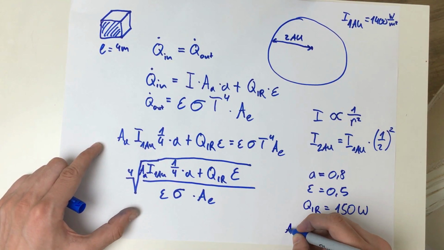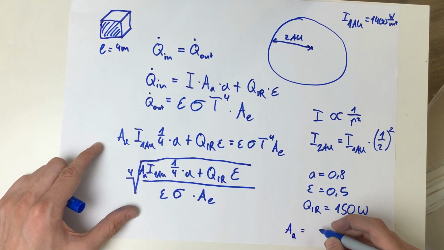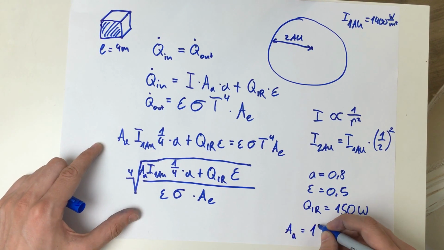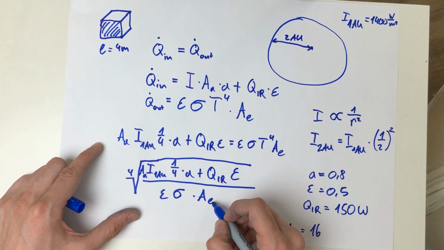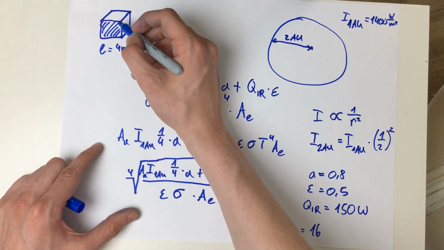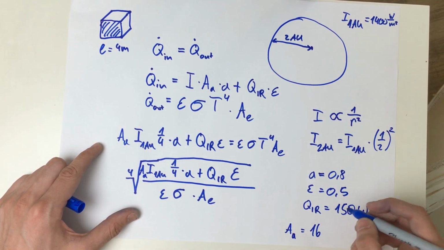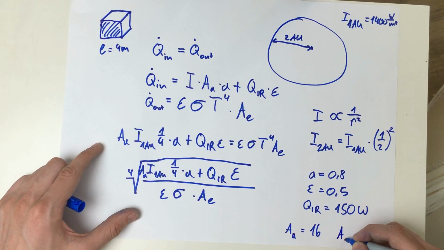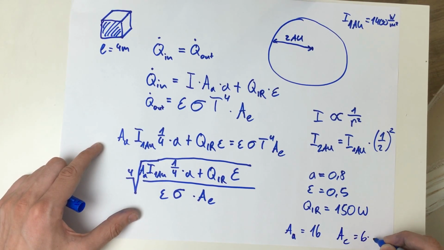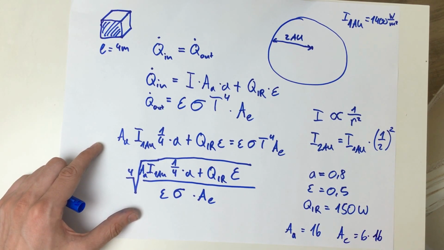So A A is going to be 16, and because it is emitting on all the sides, and we have a cube, we have 6 sides. So A E is going to be 6 times 16.